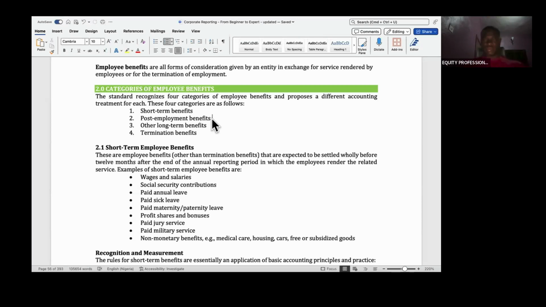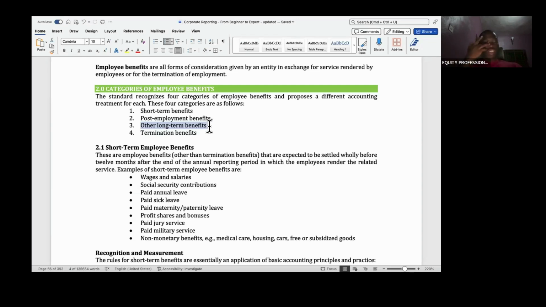Post-employment benefit. And there is the other long-term benefits, which are the consideration or the benefits we'll give to employees after 1 year. After 1 year.